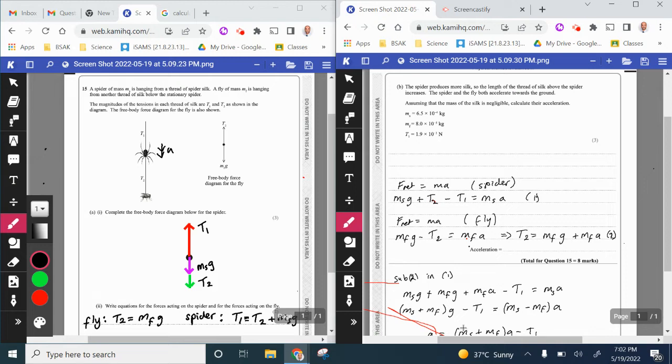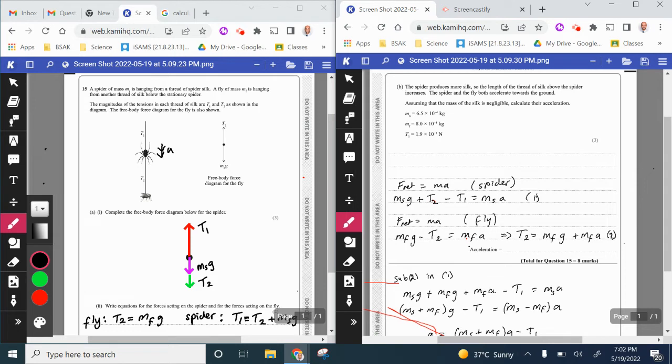The reason we use the mass of the spider is because we are concentrating on only the forces that are acting on the spider. So this is your expression for looking at the forces concentrating on the spider. Next, the net force is equal to mass times acceleration, and we're concentrating on the forces on the fly.